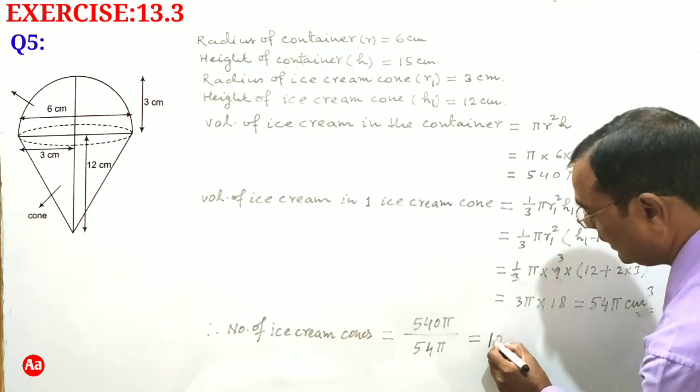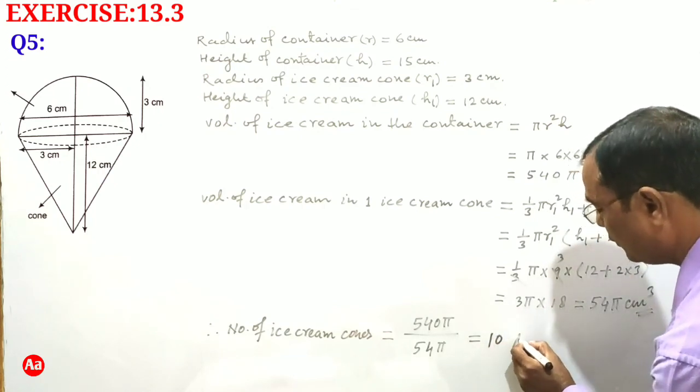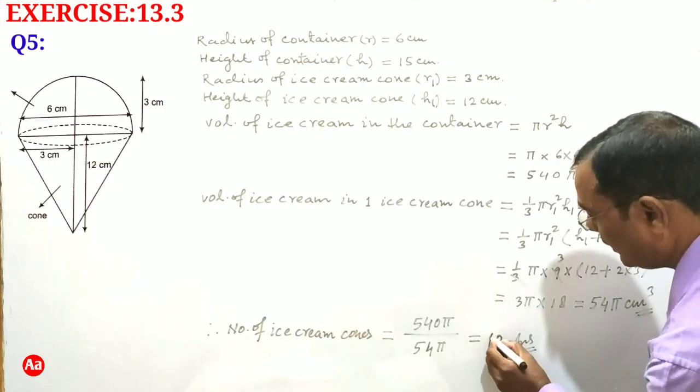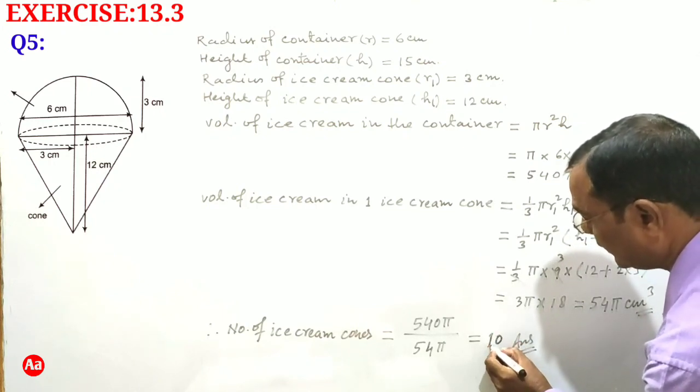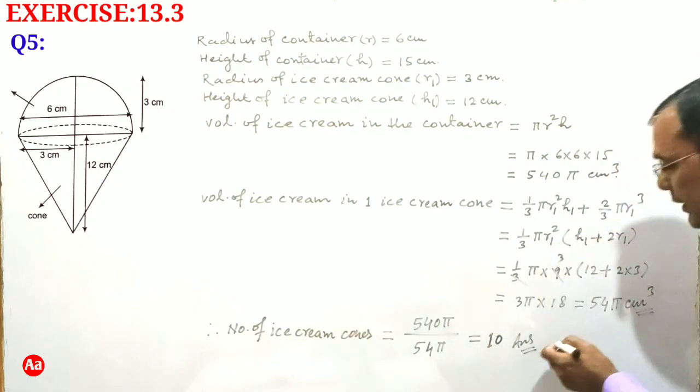So in 10 cones the ice cream can be filled up, and this is the answer.